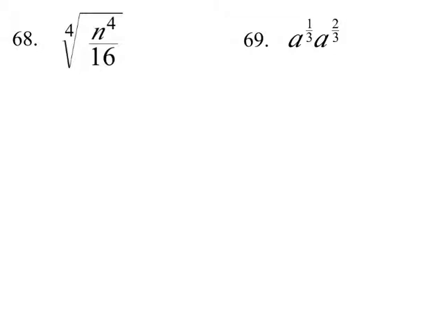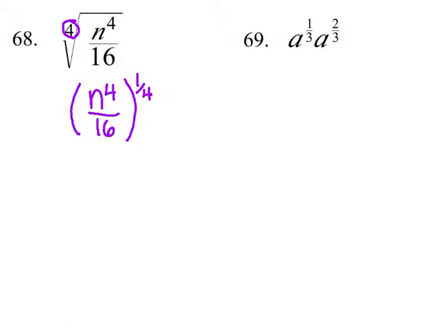What does this 4 outside mean? Yeah, but do we remember how we can write that as a power? Is there another way I can write that 4 out there? 1/4, very good. So now this is essentially the problem that we have.